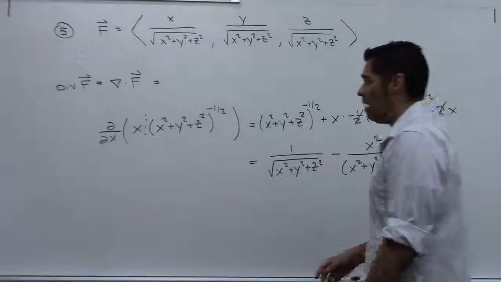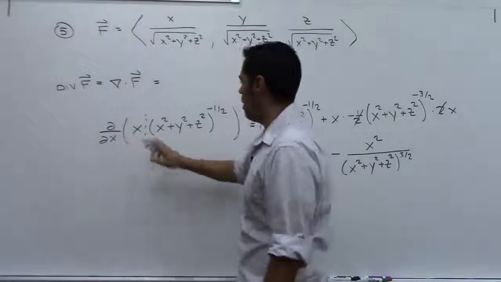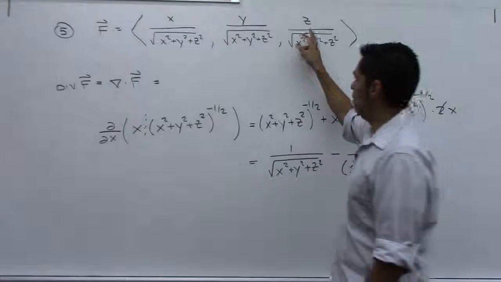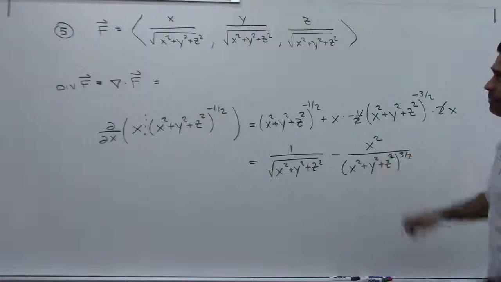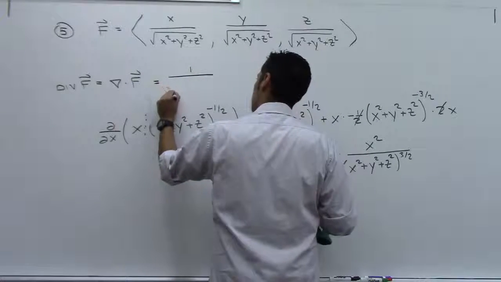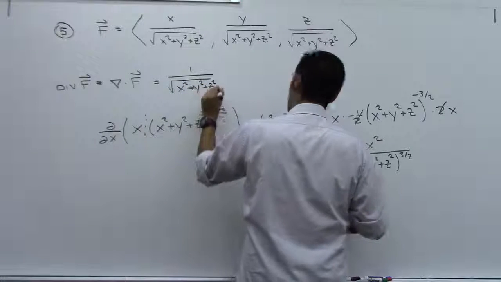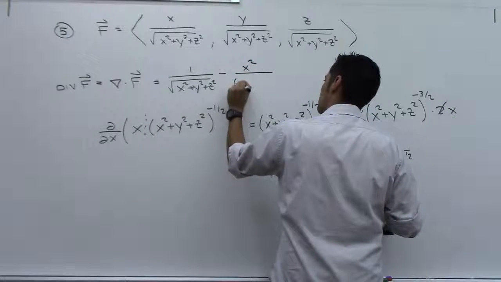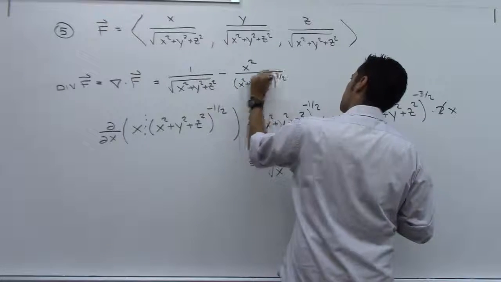If I do this one with respect to y, then I'm just going to put y here. Everything comes out the same except that'll be y squared. If I do with respect to z on this one, it's all the same thing here, except I'll get a z squared here. So my div should be 1 over square root of x squared plus y squared plus z squared minus x squared over all this to the 3/2.